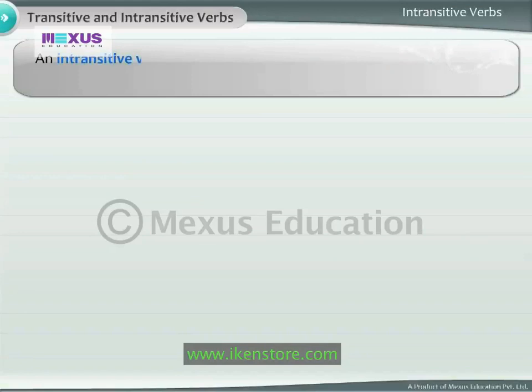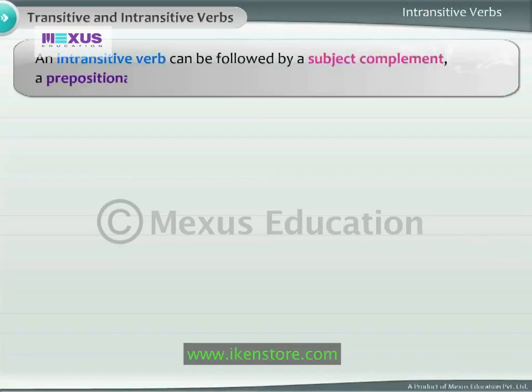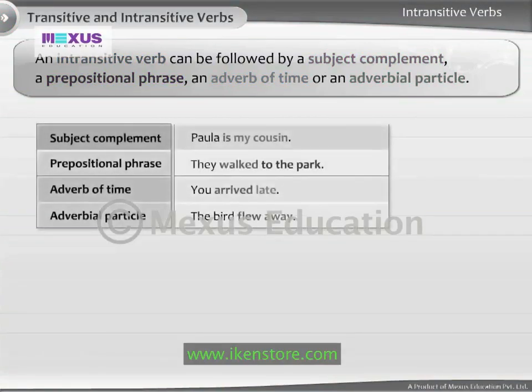An intransitive verb can be followed by a subject complement, a prepositional phrase, an adverb of time, or an adverbial particle. Let us read the following sentences. Paula is my cousin. My cousin is a subject complement of Paula. They walked to the park. To the park is a prepositional phrase that follows the intransitive verb walked.